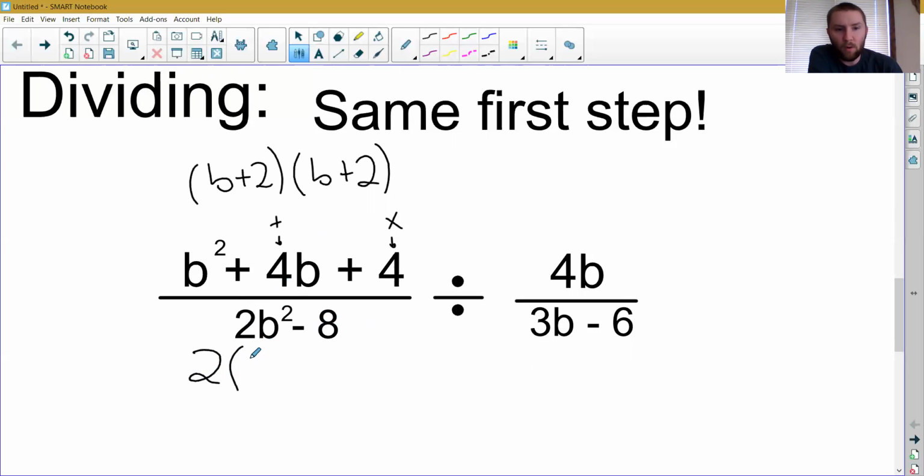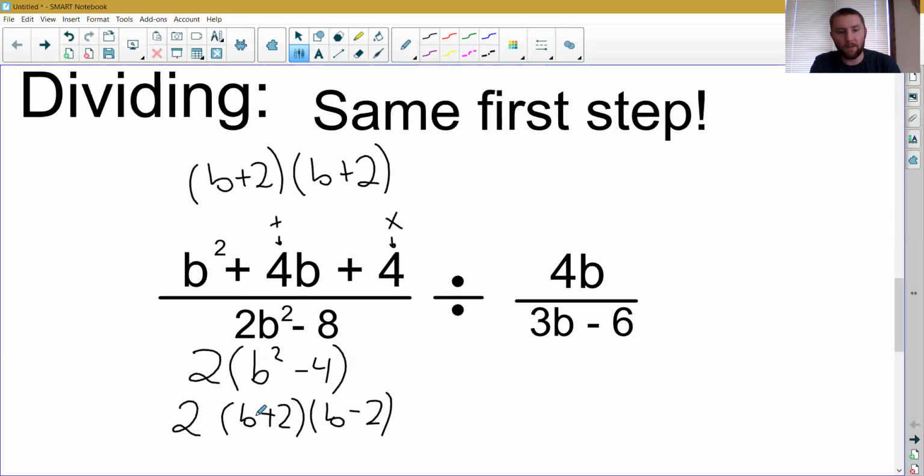And then 2, if I factor it out of this, becomes b squared minus 4, okay? Now, I'm not quite done factoring because what's left in the parentheses there is, again, the difference of 2 squares. So this is b squared, and 4 is really 2 squared, so it can be factored into b plus 2 and b minus 2. Okay, so really what I have on the bottom is this, 2 times b plus 2 times b minus 2.